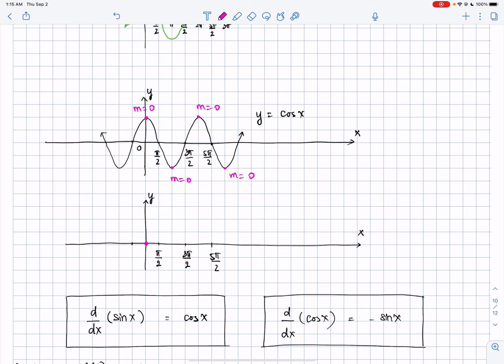So I'm going to put 0 here at 0, at pi, this is pi, right? And this is 2 pi, and 3 pi, and so on. Those points in the graph below are 0 because the slope is 0.